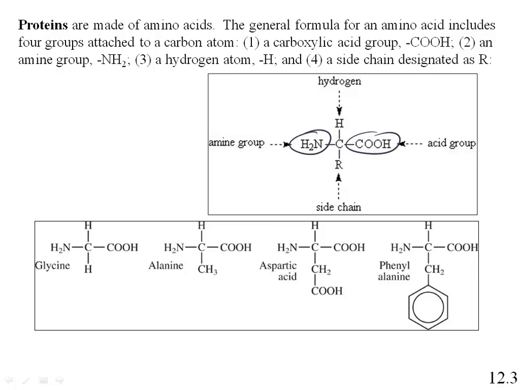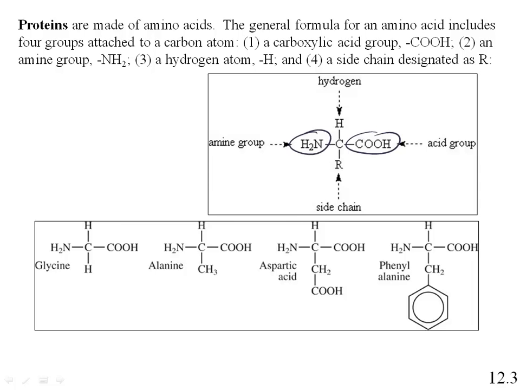So amino acids. Again, back from chapter 11, we have proteins, and those proteins, when they become protonated with this acid group, the carboxyl group, they become amino acids. So there are four amino acids here: glycine, alanine, aspartic acid, and phenylalanine.